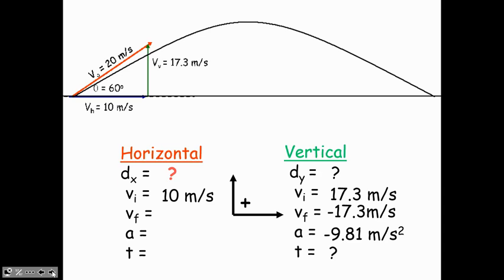And with the horizontal direction, just like we saw before, the initial and final velocities will be the same because the acceleration in the horizontal direction is equal to 0. And time is unknown. So this would be the setup for a problem like this. Solving for the components, drawing your diagram, setting your directions as positive, and creating your tables of values.